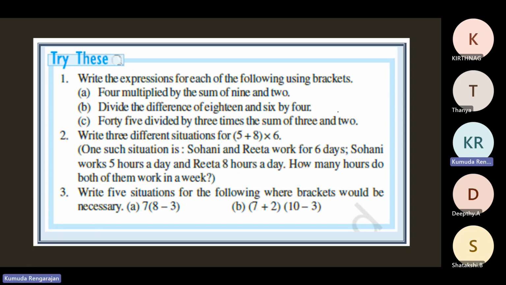Let's write it again. The sum of 3 and 2. 3 times means 3 into. 45 divided by 3 times the sum of 3 and 2. This is one thing, so enclose that in a square bracket. All right, children?